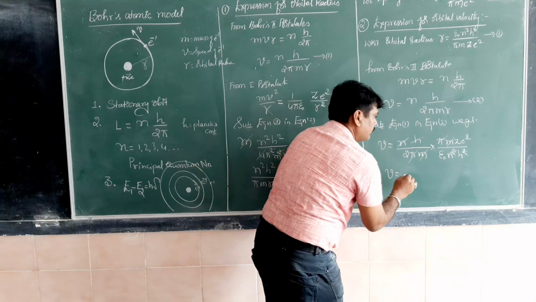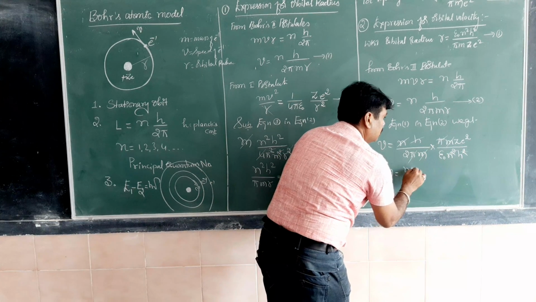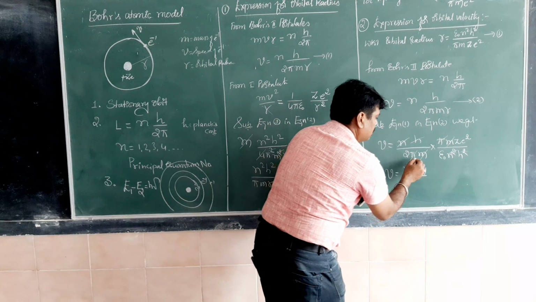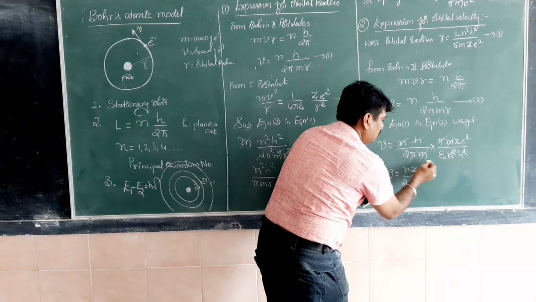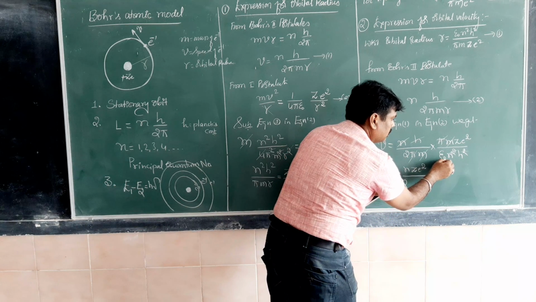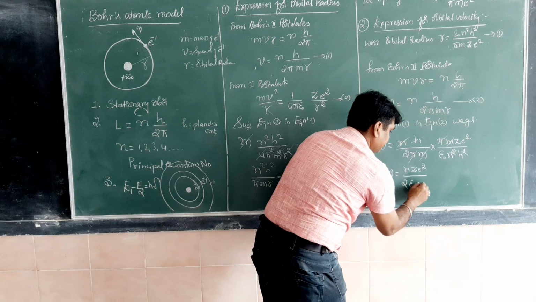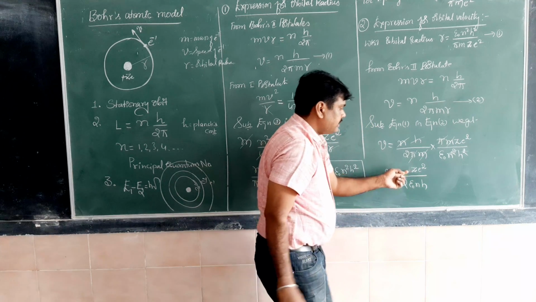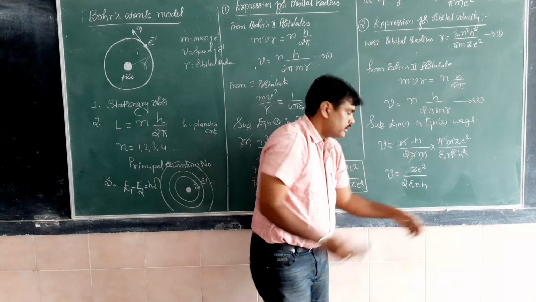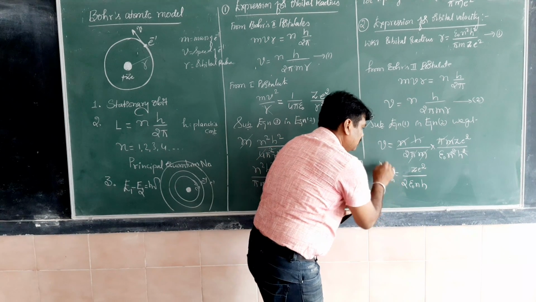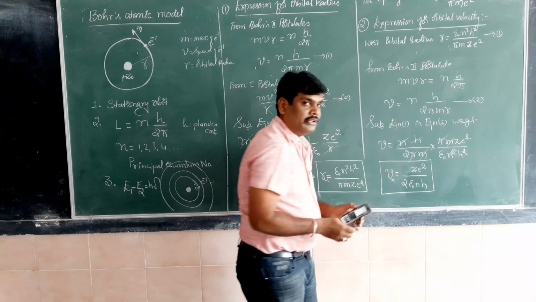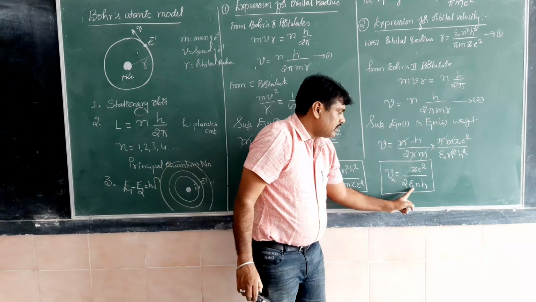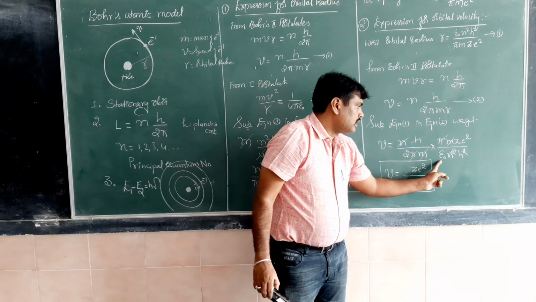V is equal to Z e square divided by 2 epsilon naught n h. Clear now? So one n already gets cancelled. So this is the orbital velocity for the nth orbit. Z e square divided by 2 epsilon naught n h.